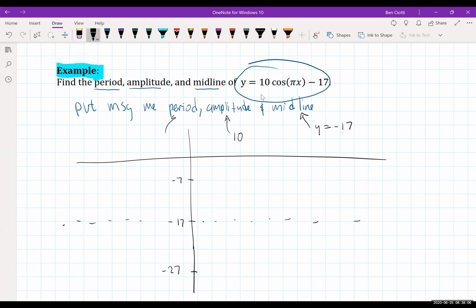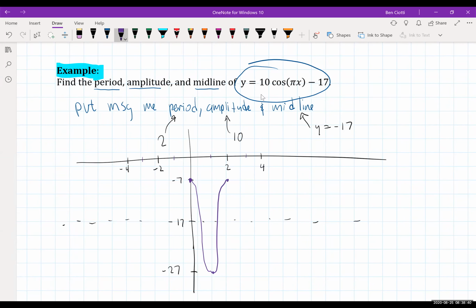The period, most people correctly said, was 2. So this graph is going to repeat every 2. This is not going to be to scale, but let's say here's 2 and 4, negative 2, negative 4. Cosine always starts up at a peak, and then it's going to go down to a valley and back up to a peak in a space of 2.